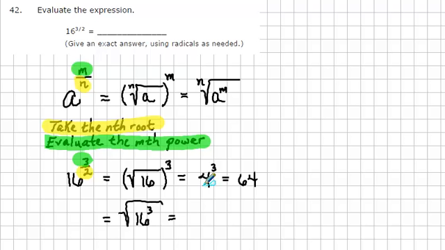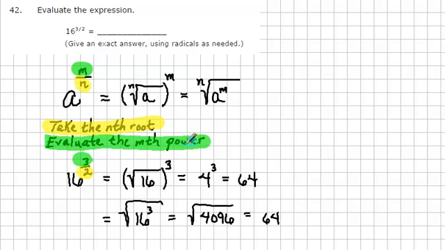If we find 16 times 16 times 16, or 16 raised to the 3rd power, we come up with the number 4,096. And then we can use the square root key on our calculator to find the square root of 4,096, and that comes out to be 64.